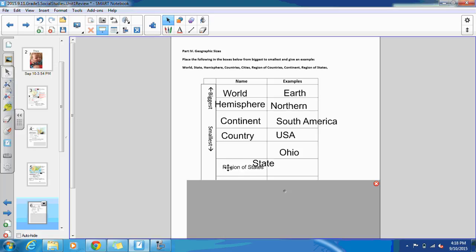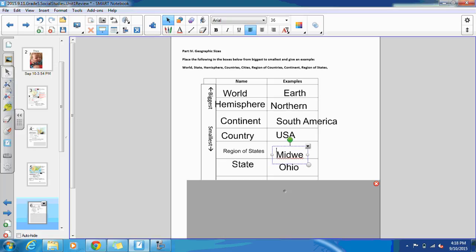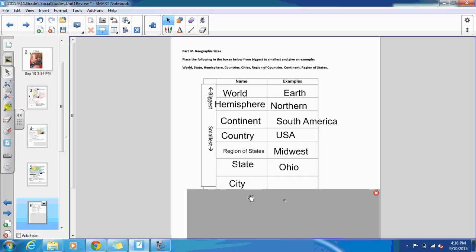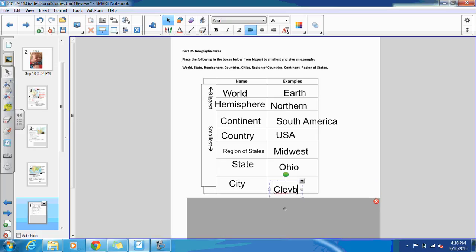So region of states is going to be before states. So I apologize. Go back and fix it. Region of states. So for example, we have the Midwest. We have the East, the Southwest. Those are regions. Then state, and then city. Cleveland, Cincinnati, Columbus, New York, Los Angeles, whatever you want.